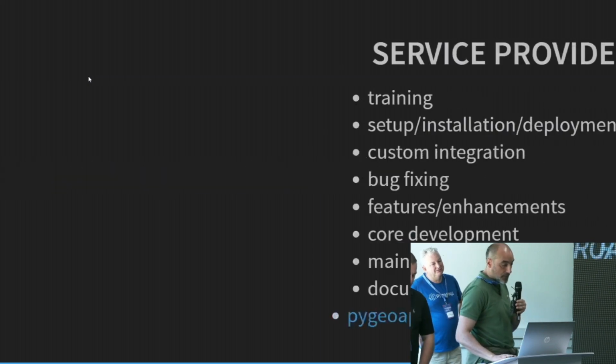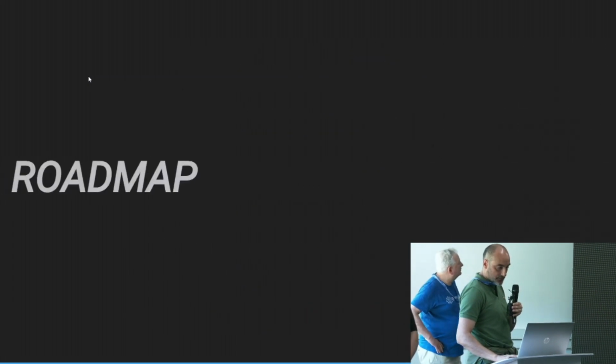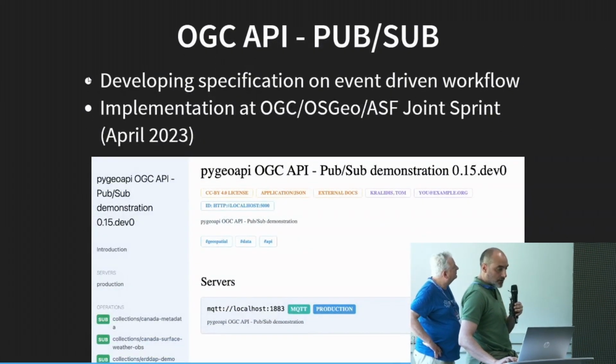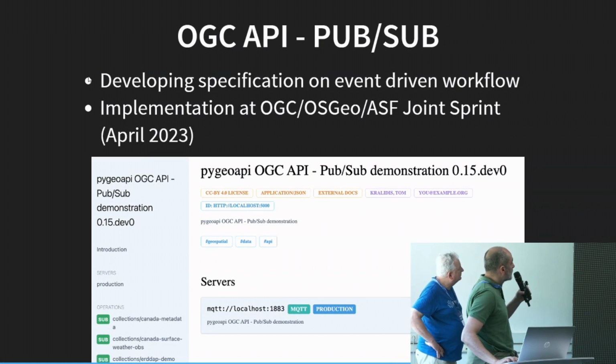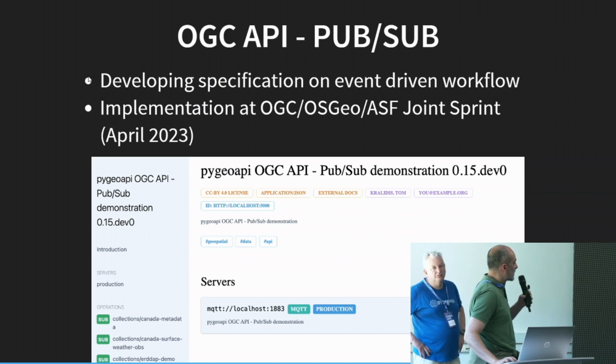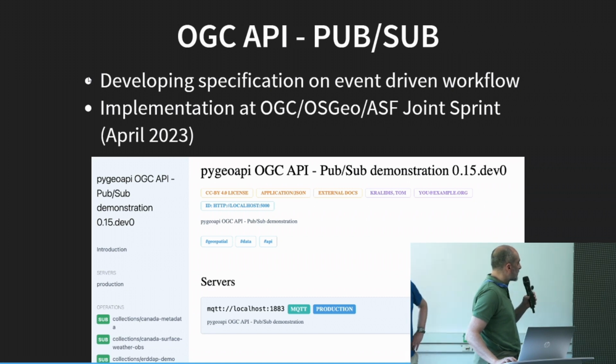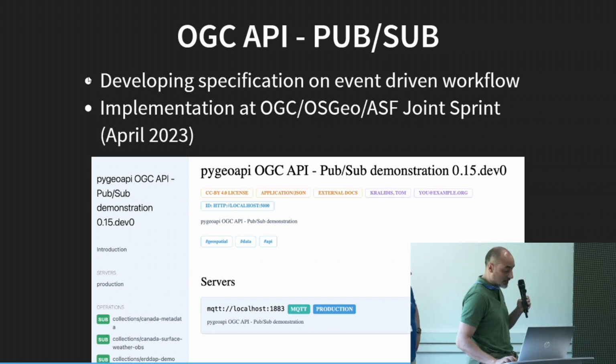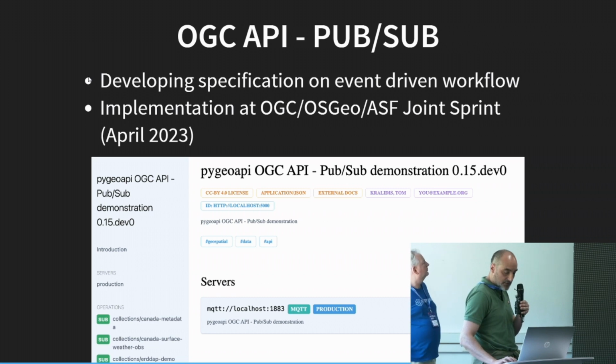Roadmap. We are going to support PubSub with the new trend of event-driven pattern, and we participated already in April 2023 in a sprint, and we will improve this pattern.